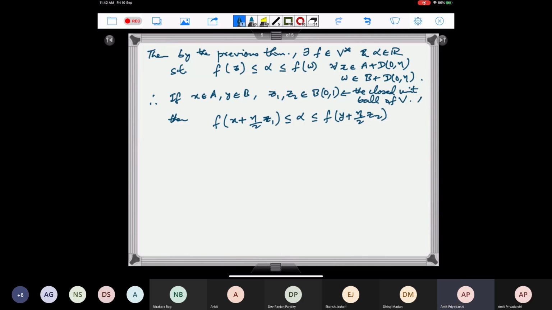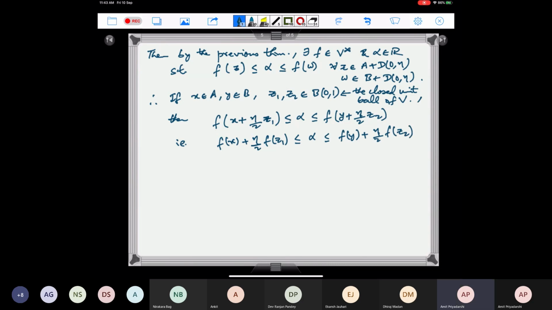So from here, what can we say? f of x plus eta by 2 f of z1 is less than or equal to alpha, which is less than or equal to f of y plus eta by 2 f of z2.